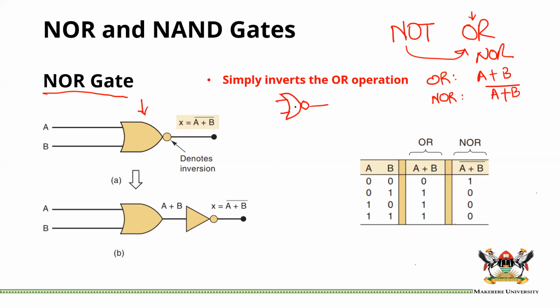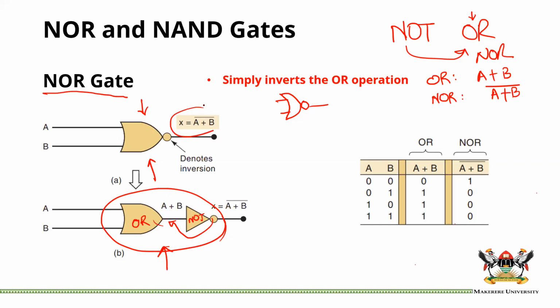Remember, we said that a bubble means an inversion, so there is no ambiguity here. Essentially what it is, and this is what I emphasized, is that you have an OR gate followed by a NOT gate. And you can go and buy an OR gate in a shop, but really what it is is a combination of an OR gate and a NOT gate. It's almost like we just move this bubble there and we create our NOR gate.